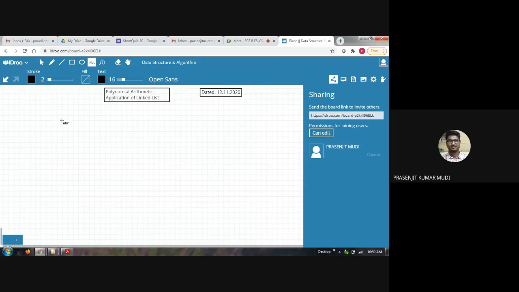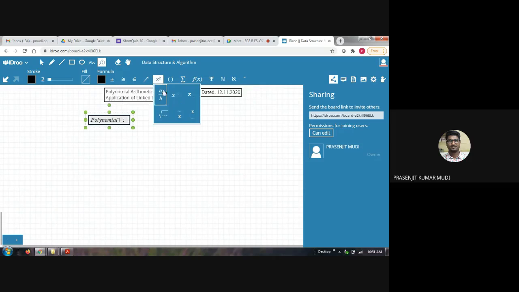Let's take two algebraic expressions. Polynomial arithmetic means algebraic polynomials. Let's take one example. Polynomial 1: a square plus 3a plus 5.